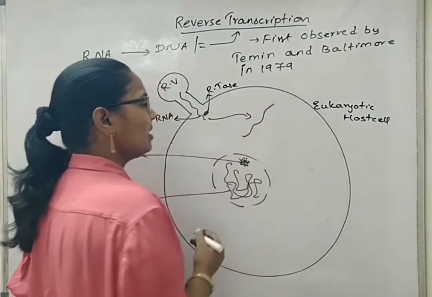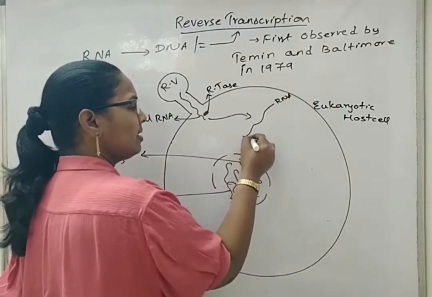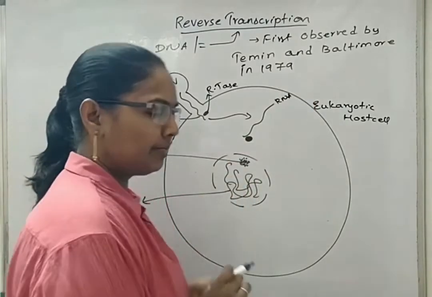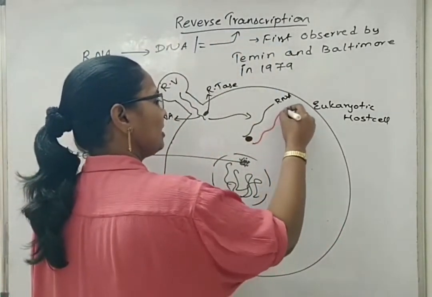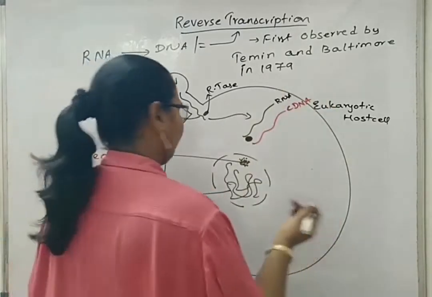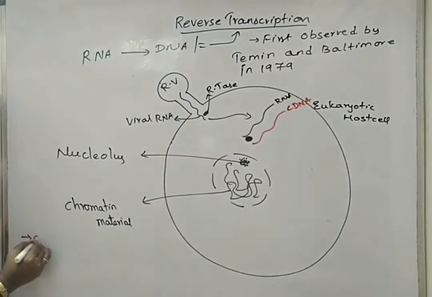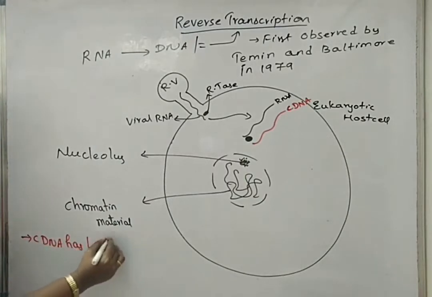If this is the RNA of the retrovirus and this is the reverse transcriptase enzyme, this will be the newly synthesized cDNA. Now, one point regarding cDNA: cDNA has long terminal ends.